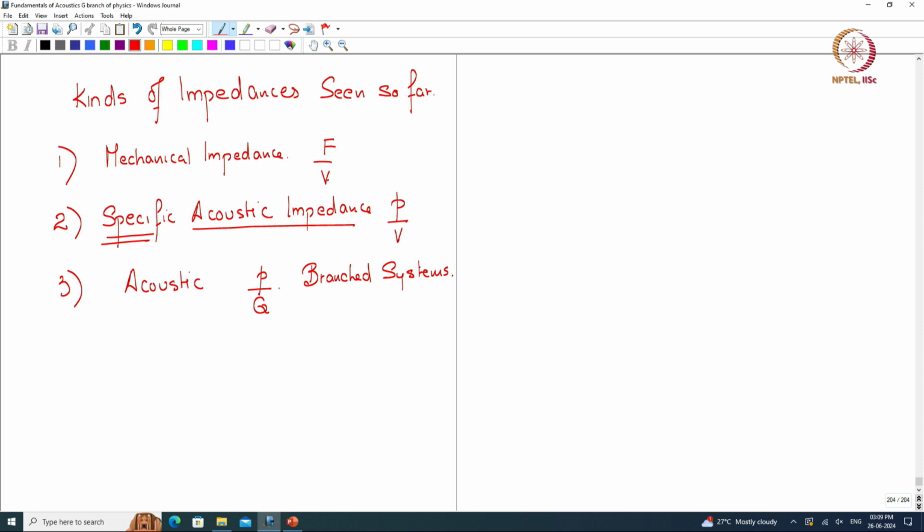All of them carry similar implications. The word impedance is crucial here. How difficult does the driver find it to drive the medium? Now one more impedance we will see is the radiation impedance.